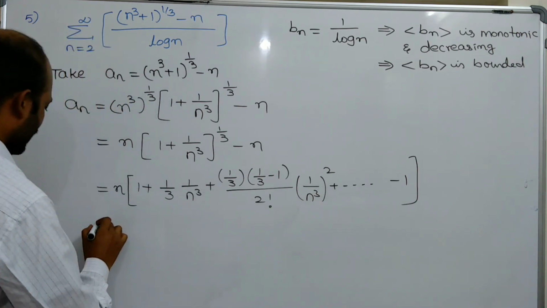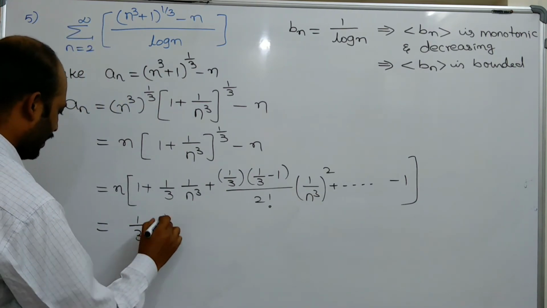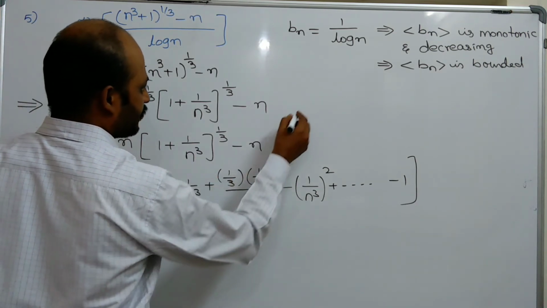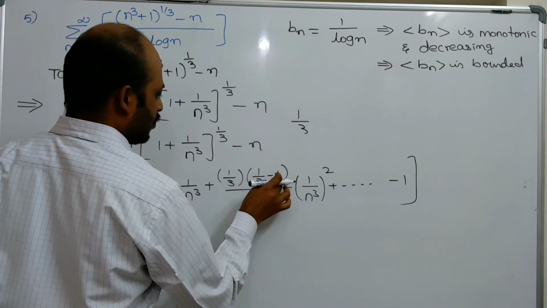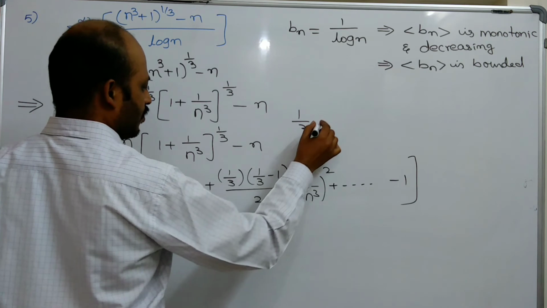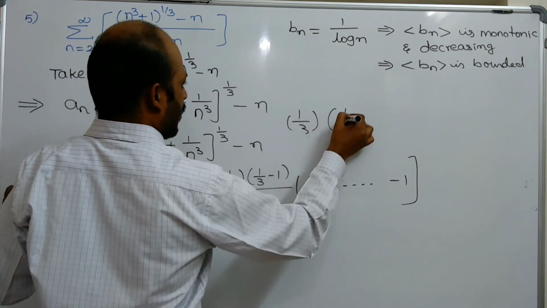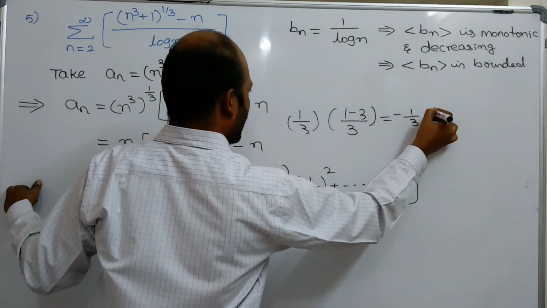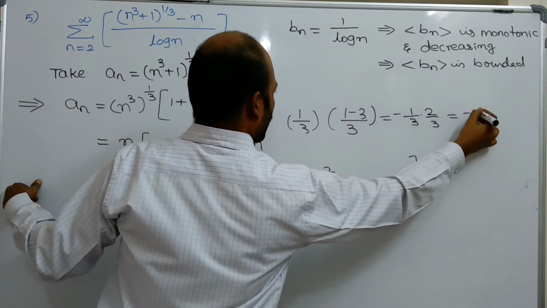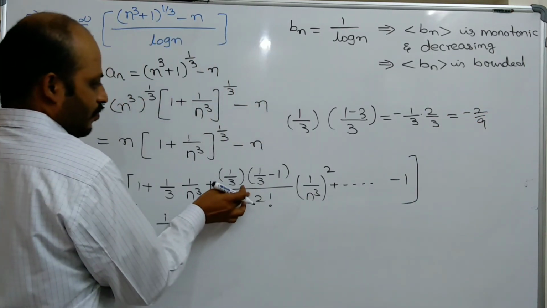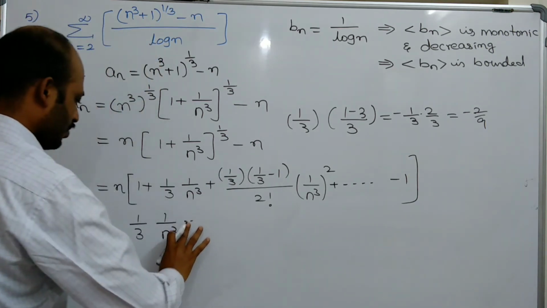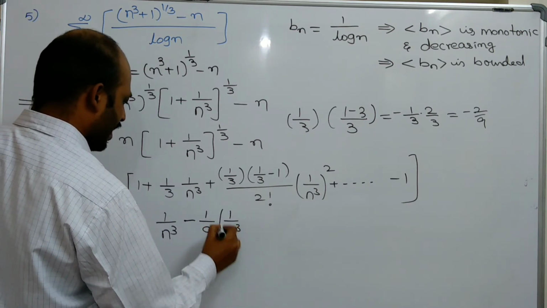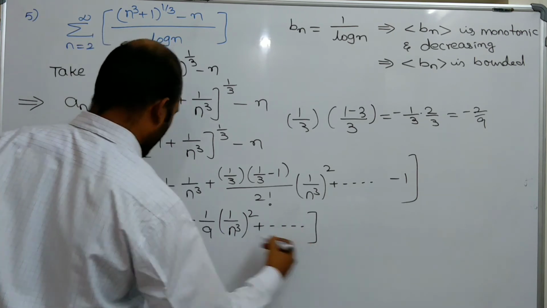Plus 1 minus 1 get cancelled and you get 1 by 3 into 1 by n cube plus 1 by 3 into (1 minus 2 by 3)... which is minus 2 by 9, 1 by 2 factorial, so simply we get minus 1 by 9 into (1 by n cube) whole square plus and so on.